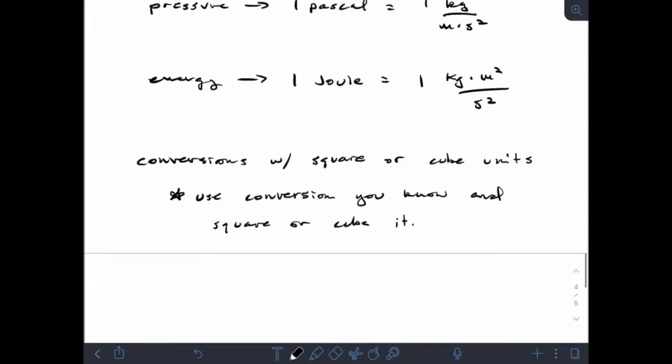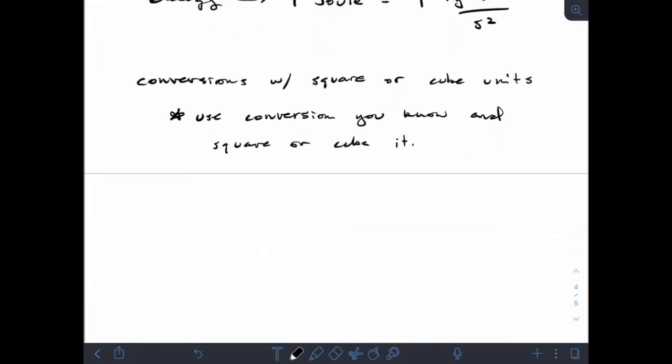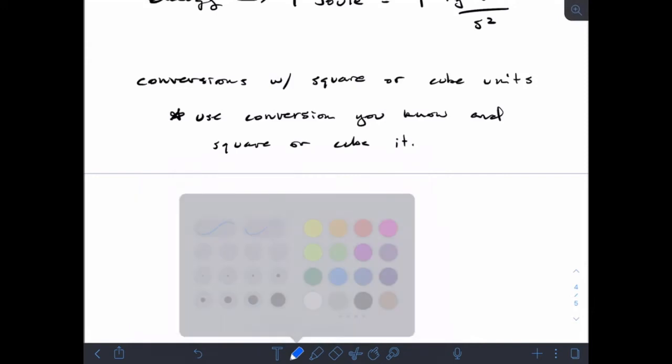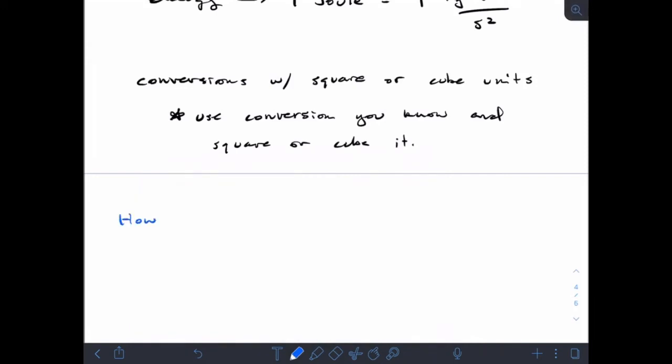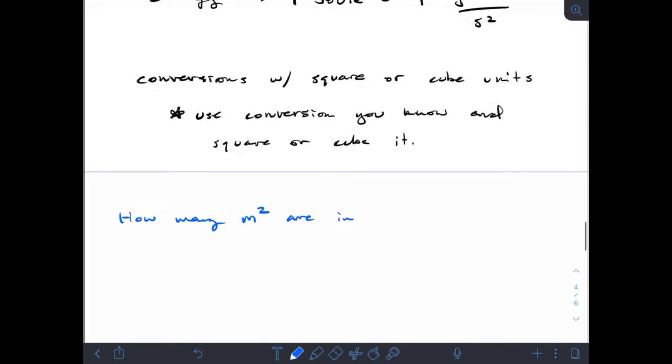Let's do a little example here. So here's our question. How many square meters are in 105 square kilometers? We're talking about a unit of area, and this is a common one if you're dealing with plots of land or areas of land.